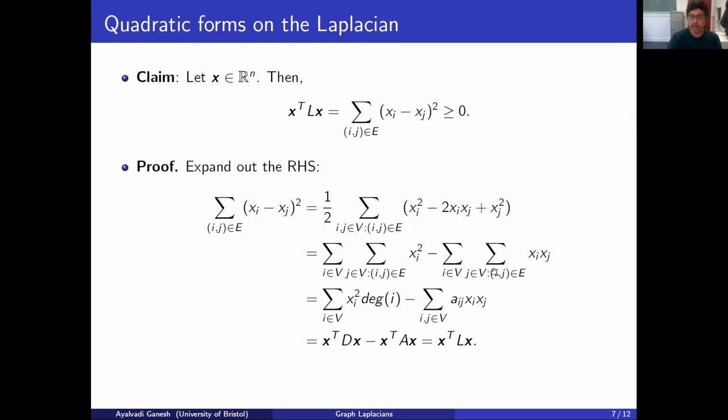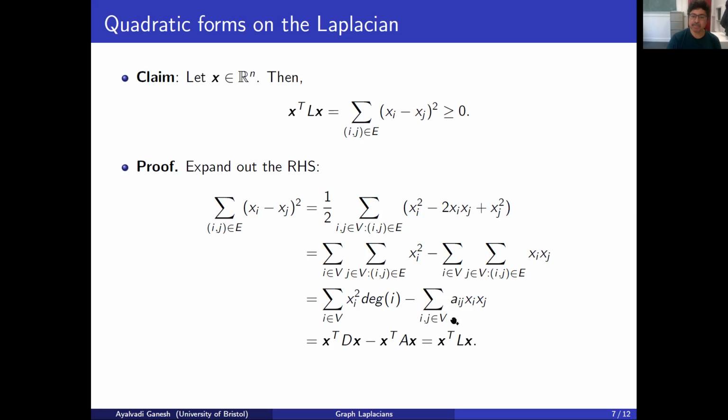And then I'm rewriting this sum here as a double sum over all pairs of vertices, aij times xi xj. And why are these two things the same? aij is 1 only if there's an edge here. So it precisely counts those terms for which there's an edge between i and j. And if there's no edge, the adjacency matrix has a 0 element there.